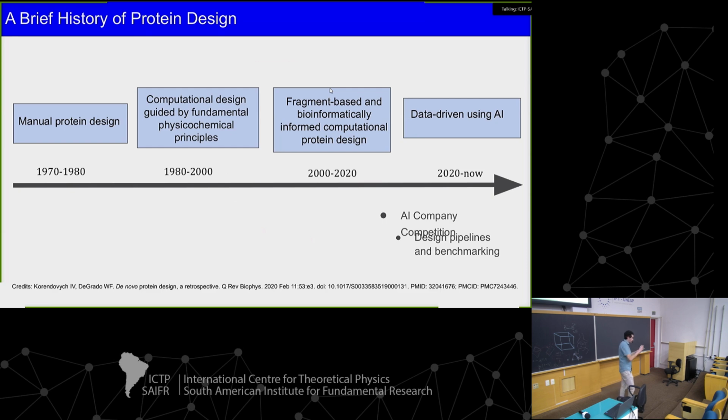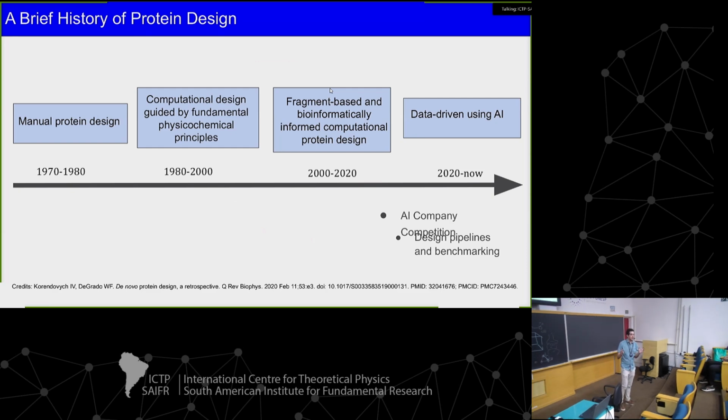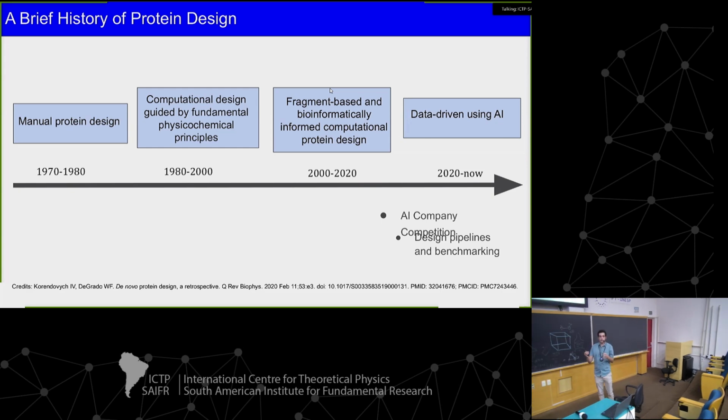We have many different methods. Actually, every week we see a new method for protein design. But what we need is to create good pipelines. We need to know those methods by doing benchmarking and understand how those methods can apply for your case, right?